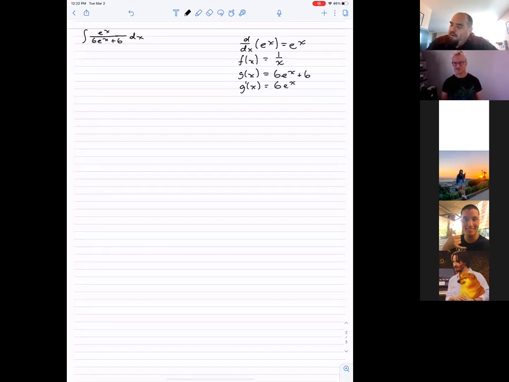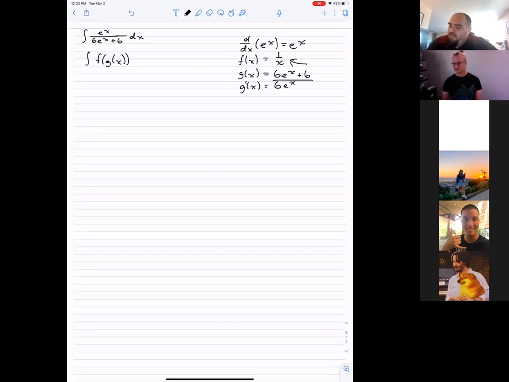Right. So let's build this up based on our building blocks here. Really what we have is f of g of x, because we have 6 e to the x plus 6 contained in the x of 1 over x.